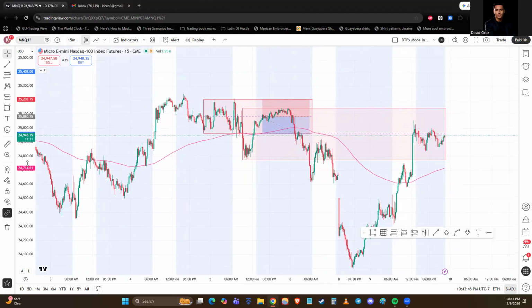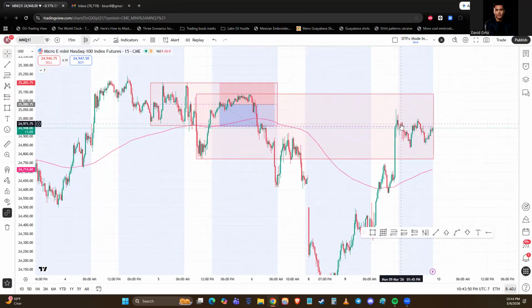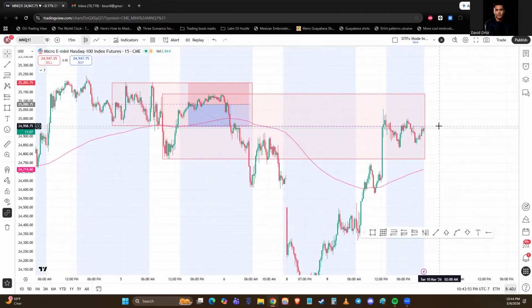The cool thing about this strategy is that you can actually make it work even if it doesn't hit the top or the bottom of it. And that's because you're trading on the Nasdaq, right? And so you only lose if you sell it at a loss. Well, no, we're defining our risk one way or the other.